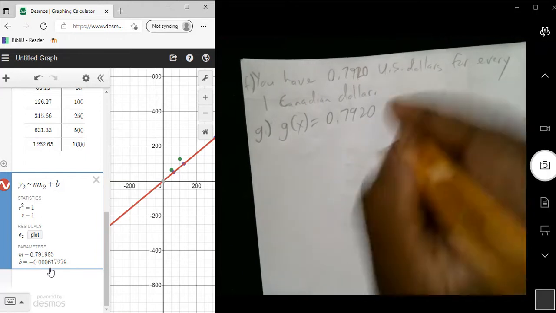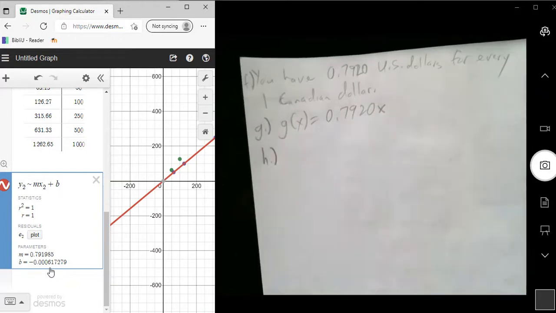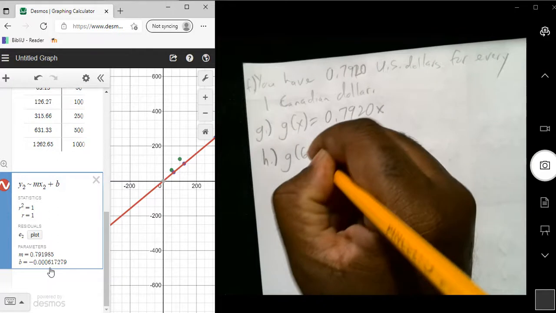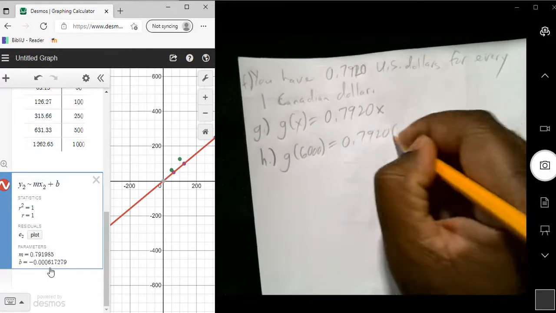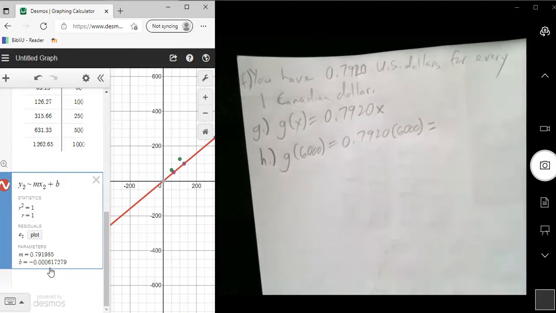So we do not write the B, and that'll be X. Okay, now for H, use the equation to determine G of 6,000. So we have G of 6,000 is equal to 0.7920 times 6,000. And let's see what that answer is.